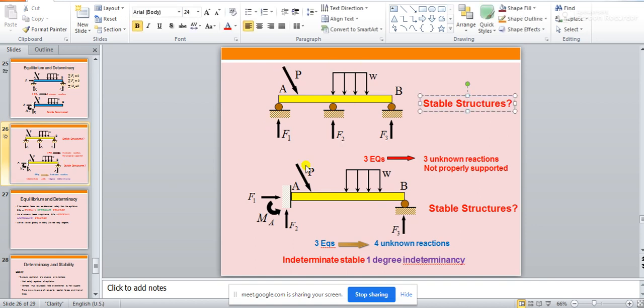The first one, what I am showing. Is this a stable structure or is it unstable? See, there are three reaction components coming. Sir, stable. Stable structure or unstable structure? Stable, sir. Forces are parallel, sir.